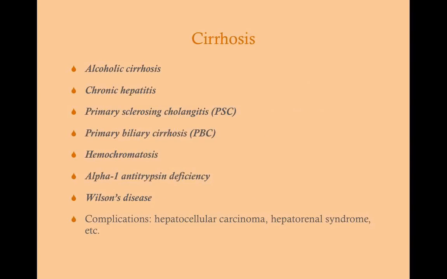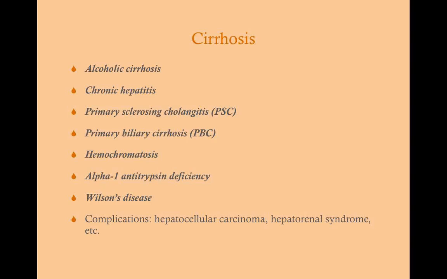Okay, so these are the different causes of cirrhosis. Alcoholic cirrhosis we're really not going to talk about because it's just general cirrhosis with no other symptoms. It is, though, the most common, so you should be aware that all those symptoms we talked about in cirrhosis, the bleeding, the portal hypertension, and so forth, are all going to be present in alcoholic cirrhosis. Chronic hepatitis is an infectious cause.